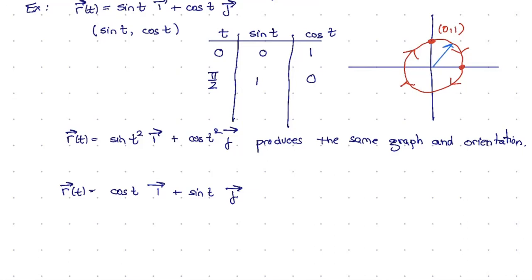The actual function itself is going to be the vectors. Since this is a vector valued function, it's going to be the vectors whose terminal points lie on the curve, and those vectors are going to traverse the curve in the direction that the arrows along the curve show.